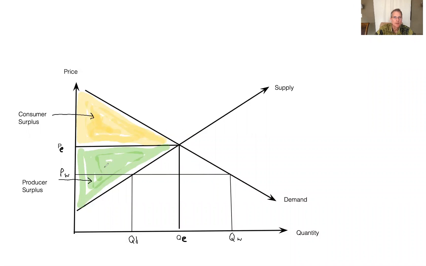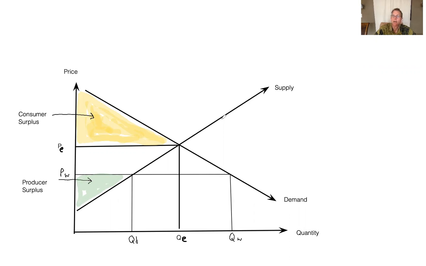So what happens is their producer surplus starts going away, because they're not making that much anymore. Instead, they're going to be making and enjoying only this area as their producer surplus. So the producer surplus shrinks substantially when the country opens up to international trade.